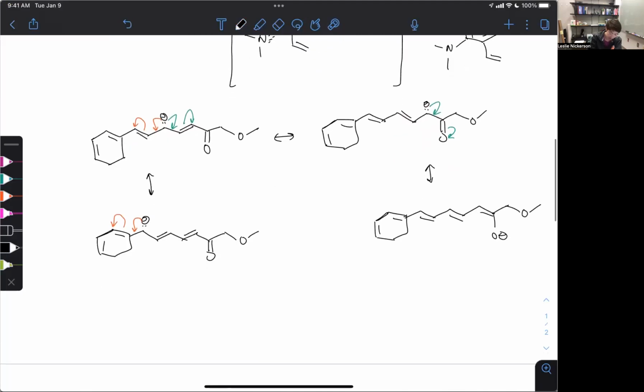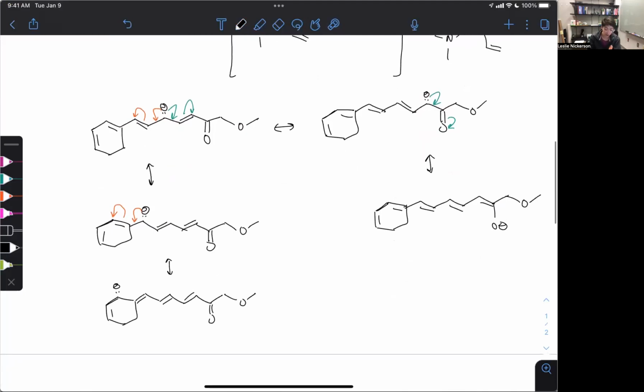Again, we've got that lone pair to pi bond, and then the pi bond to the lone pair. Okay, so then we end up here, one final one, same exact pattern. And then we end up with that final resonance structure.